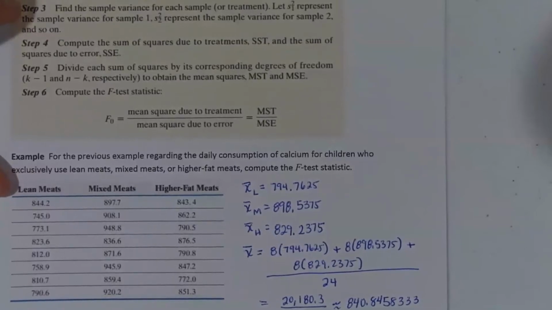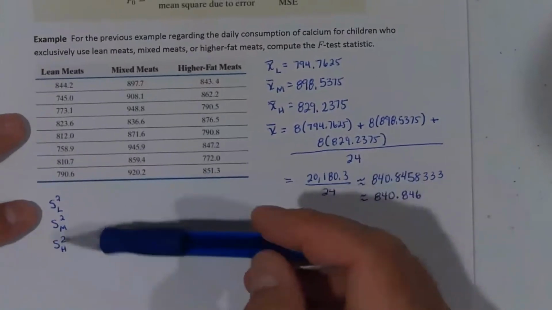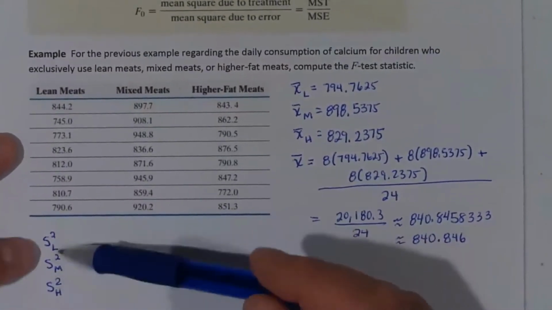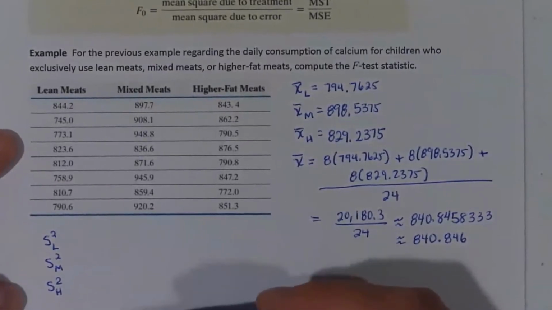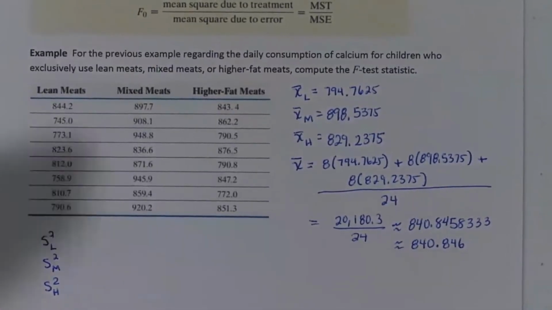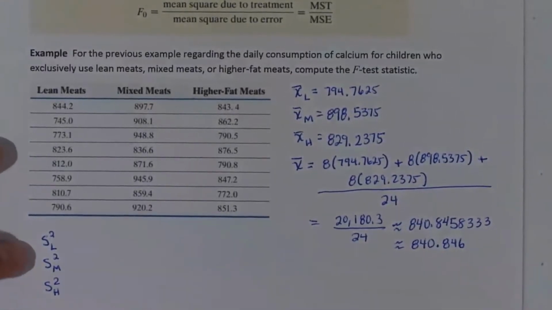And I just want to say a word of caution about this. A lot of times students find the standard deviation instead of the variance. You have to have the variance here, which is the square of the standard deviation. So if we were to calculate these standard deviations on our calculators, then you're going to have to square the standard deviation to have the variances.